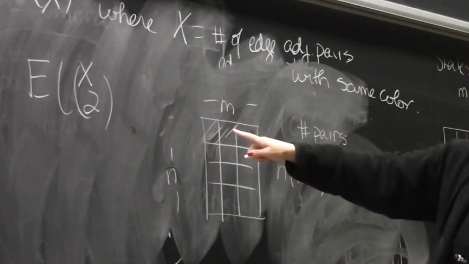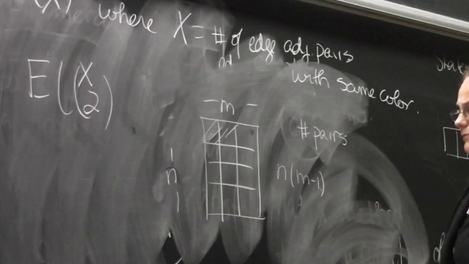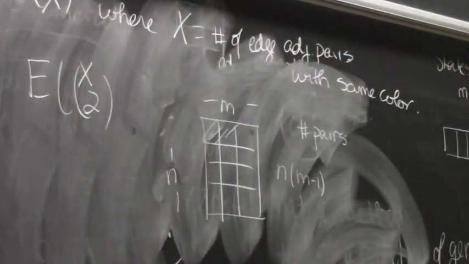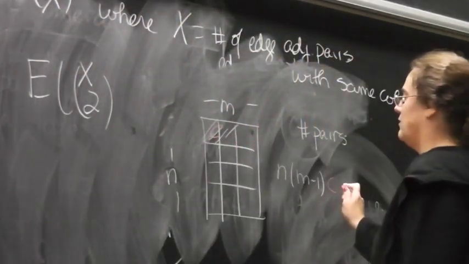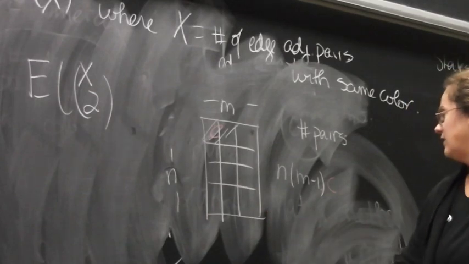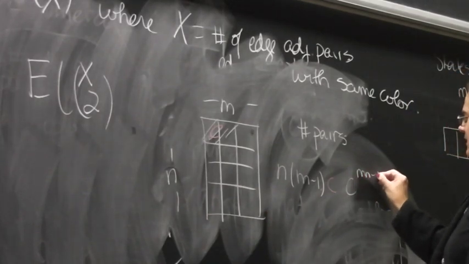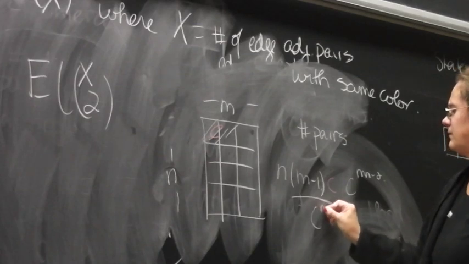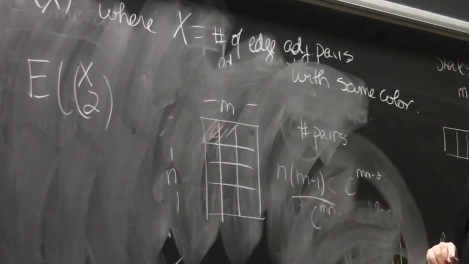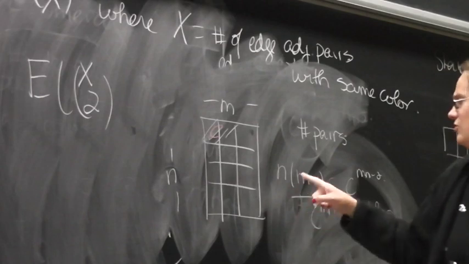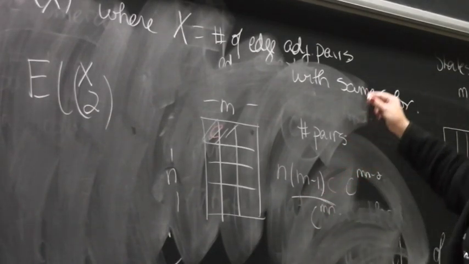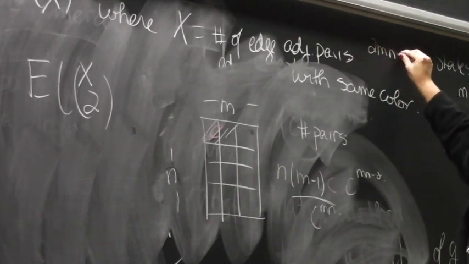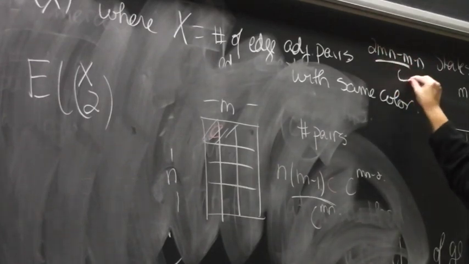Then you have to color it: you could give this pair any of C colors, and the rest of the squares, which I don't care about, have C to the power of the remaining squares, and then I divide. You do the same thing for the vertical pair, interchanging the roles of M and N, add them together, and you get exactly what we were saying: 2MN minus M minus N over C.